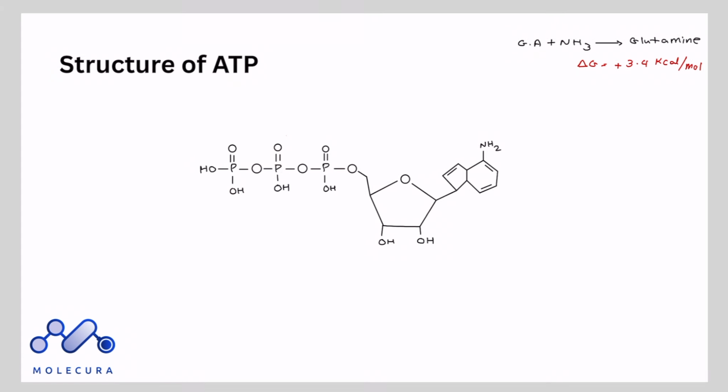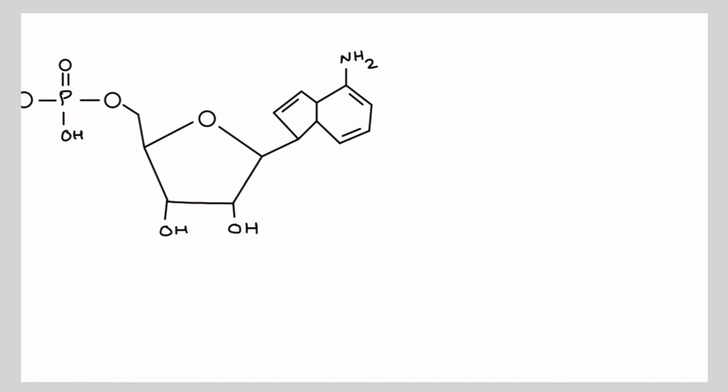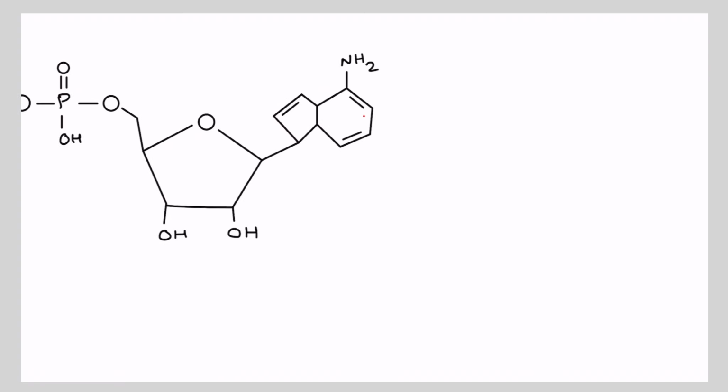So ATP is going to have 3 parts. As the name suggests, we have adenosine and we have 3 phosphates. The first structure here is going to be our nitrogenous base. This is our nitrogenous base. It's called adenine. It's a purine, as we know. And we have our ribose, which is our sugar.